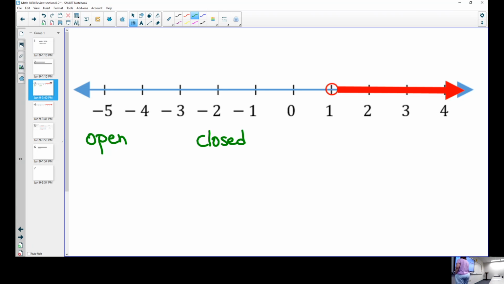The open intervals involve the concept of less than and greater than. They also involve the use of parentheses, and they involve positive infinity and negative infinity.